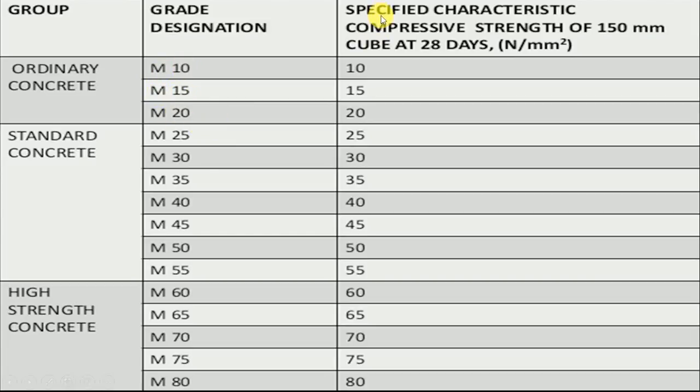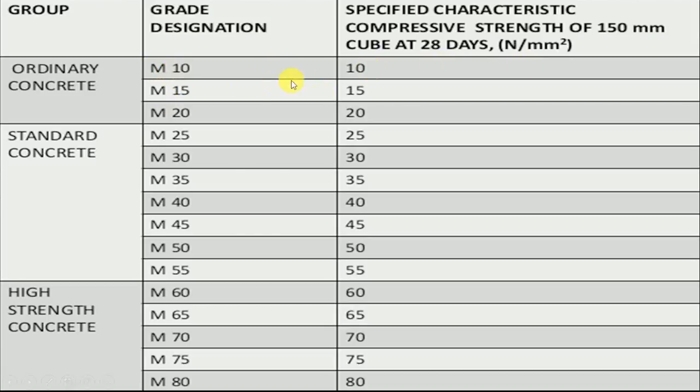Now what these columns say is the specified characteristic compressive strength of 150 mm cube at 28 days in Newton per mm square. So it means, very simple, M10: M means mix and 10 means strength. So here it is strength as same.